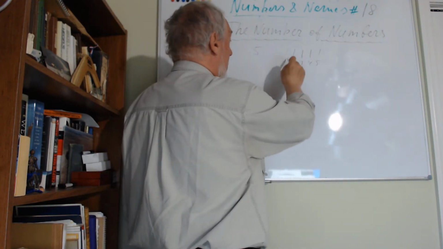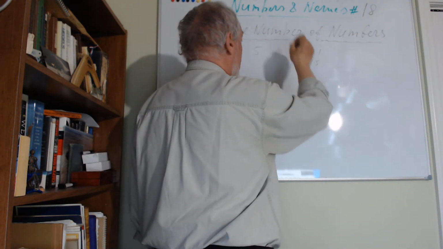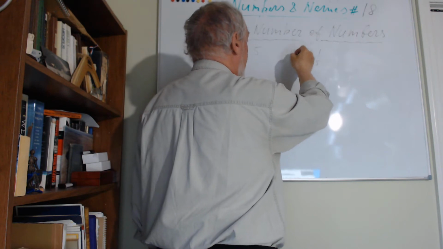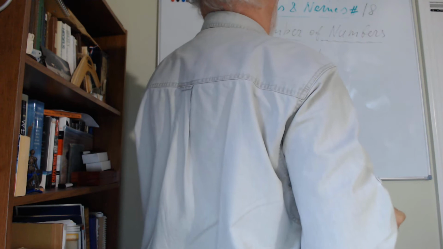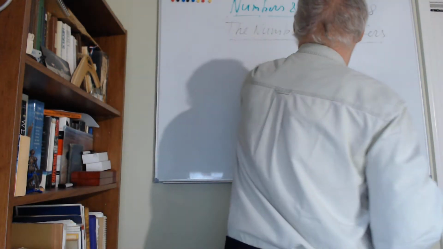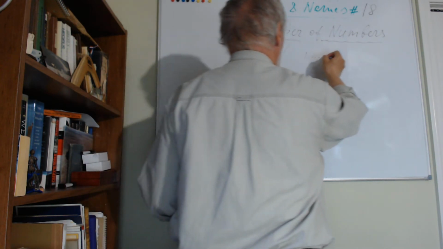So how do we count? We actually put a label on each unit: the first unit, second, third, fourth, fifth. You know how to count, right? Easy. 5 is the same as some number n. We count 1 to n.